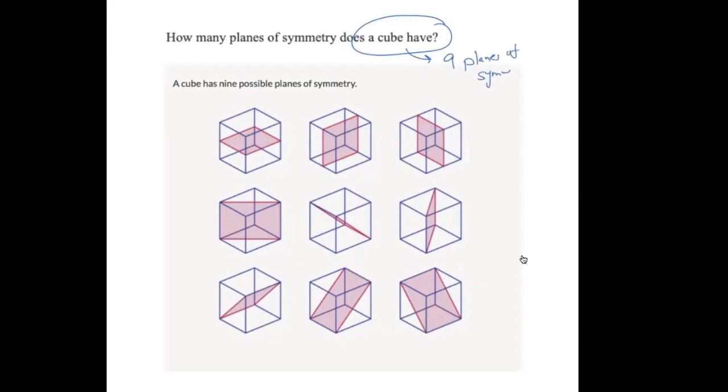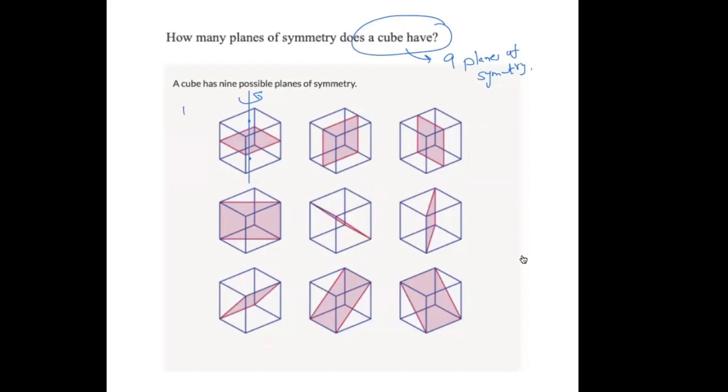Now my question to you is, consider this cube and consider this axis. What is the order of rotational symmetry of the cube about this axis? 4.